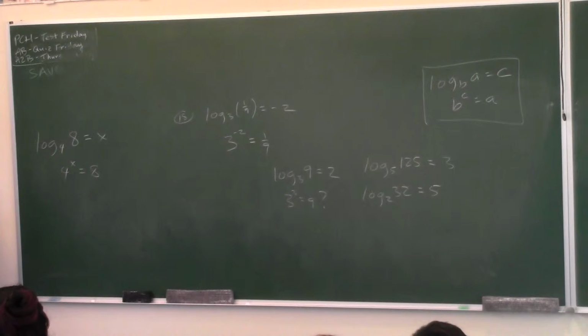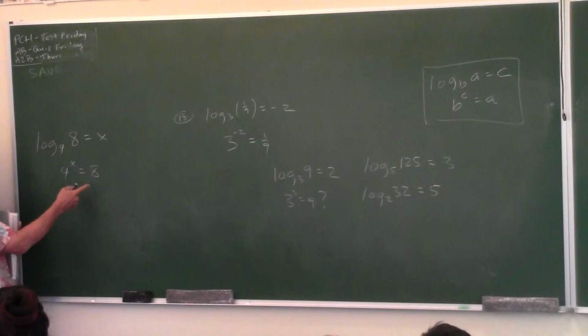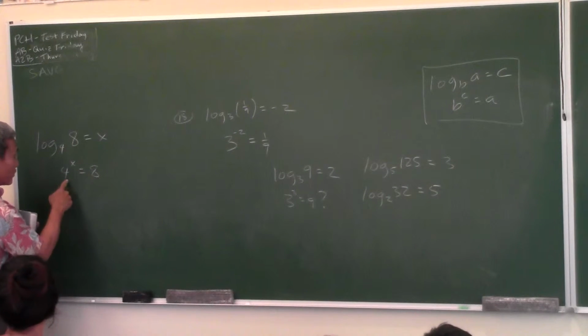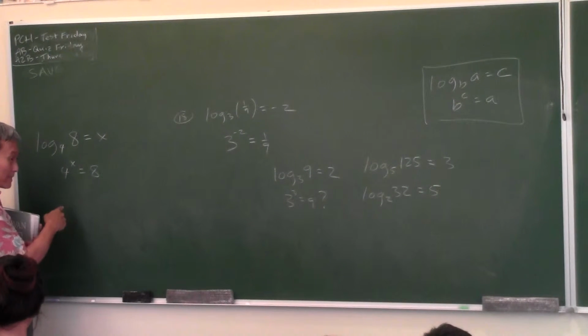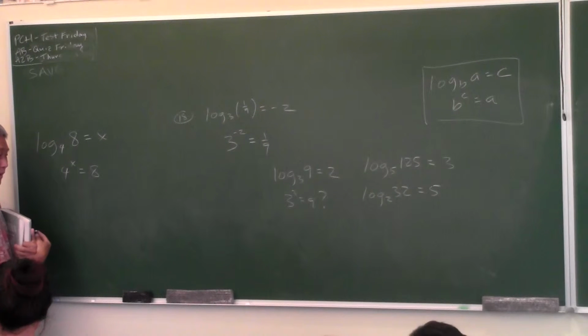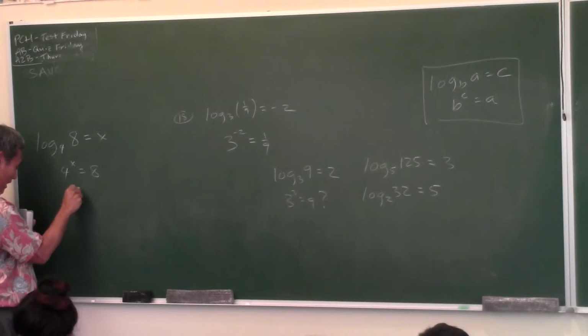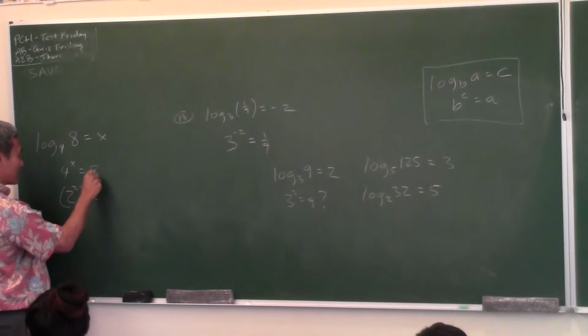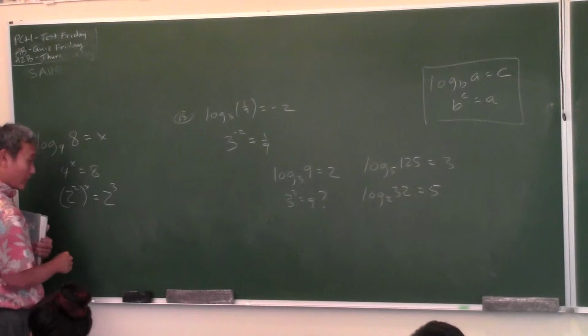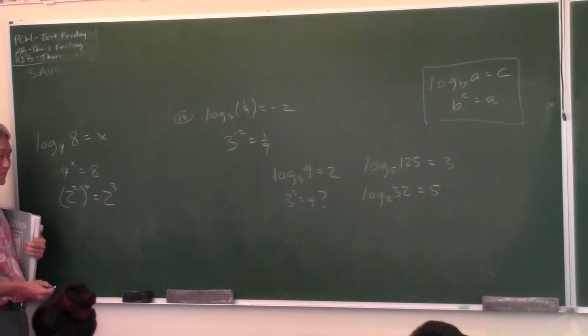Hey, Mr. Park, this looks like the problem you gave us the last couple nights. How do you solve an equation like this? You have to make a common base. What's a common base for 4 and 8? 2. So 4 is the same thing as 2 squared. 8 is the same thing as 2 to the third. And then you use your properties of exponents.